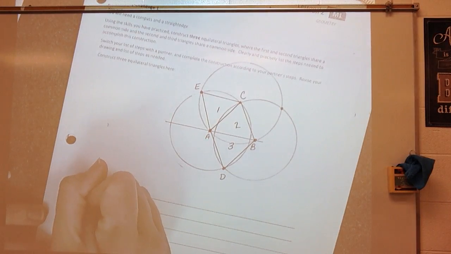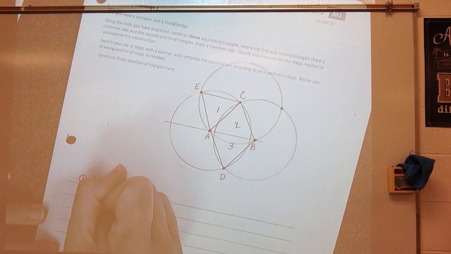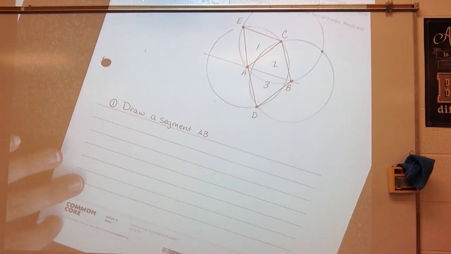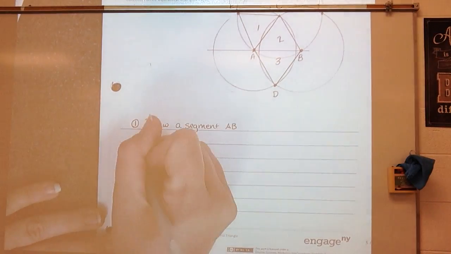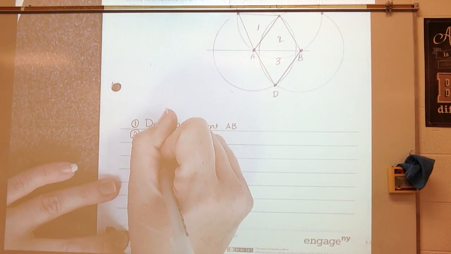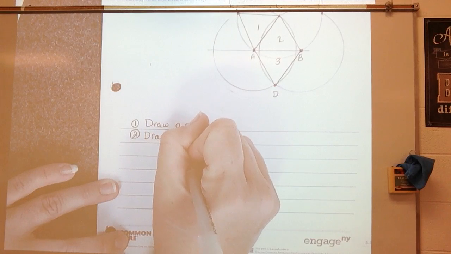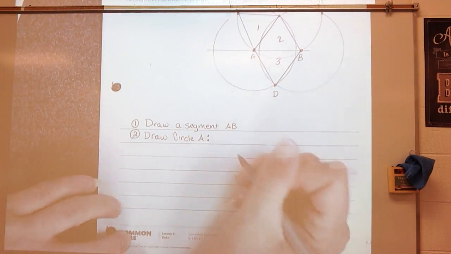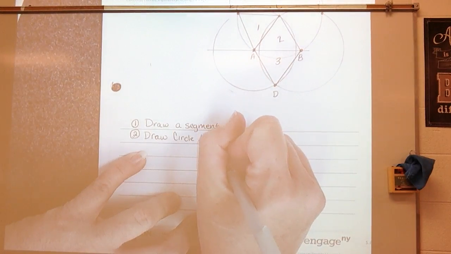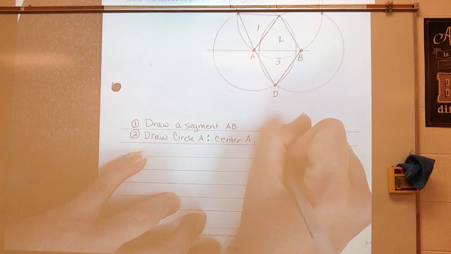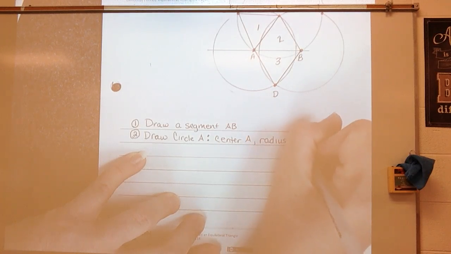Now, it wants us to list the steps, and it says list them clearly. So step number 1, I'm going to draw a segment AB. Step number 2, I'm going to draw circle A. I want to be specific. The center of that circle was A, and it had a radius of AB.